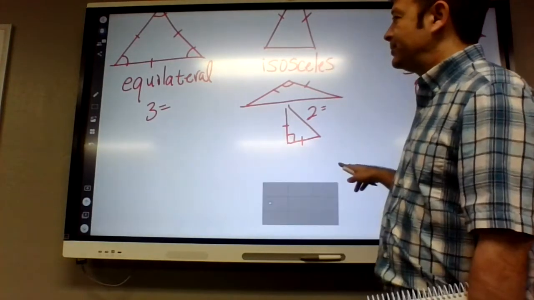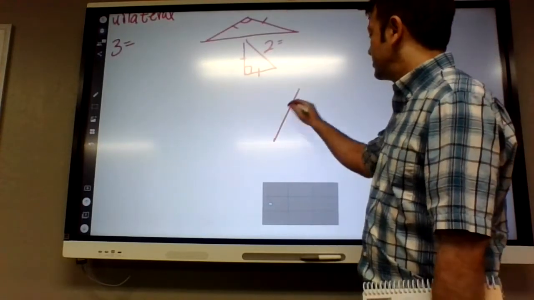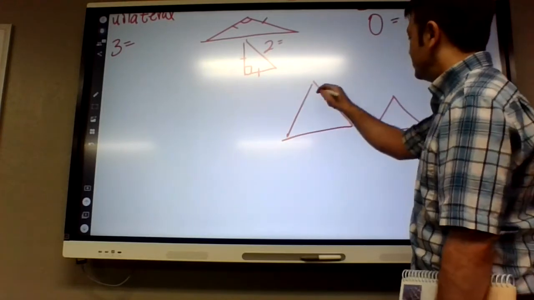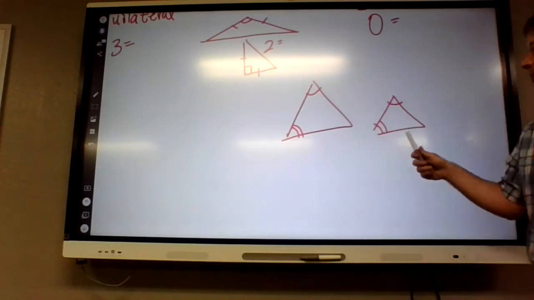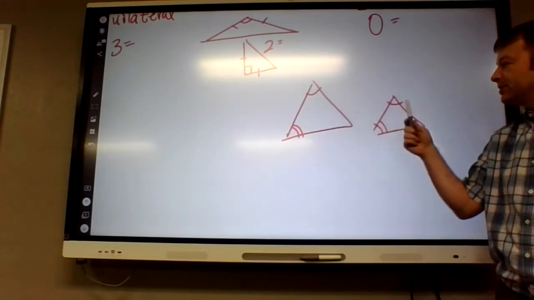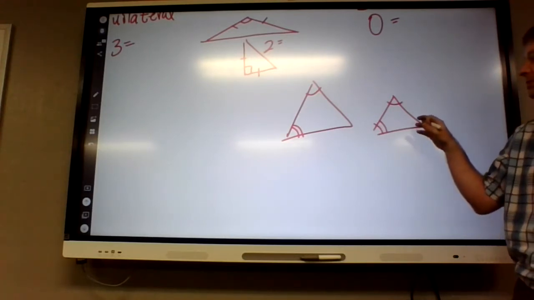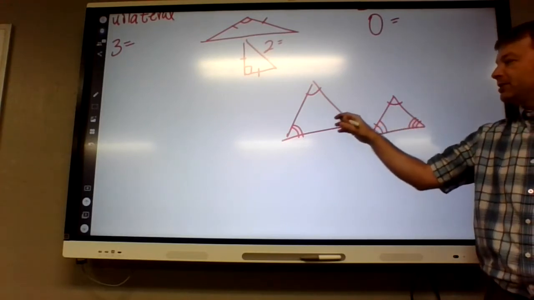In two triangles, let's say this angle is the same as this angle and this angle is the same as this one. So if in two different triangles we have two pairs of congruent angles, guess what I know? The third pair has to be congruent.